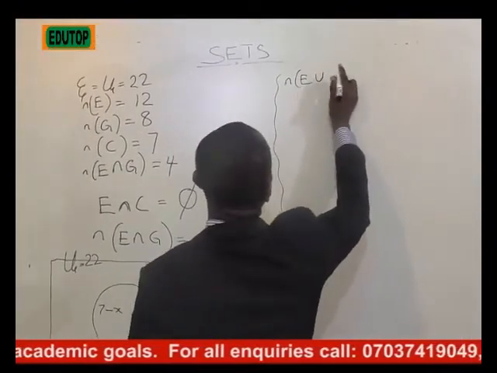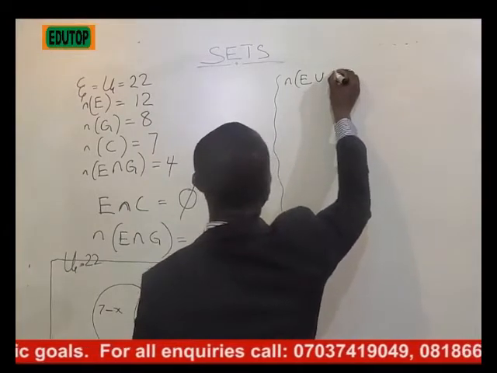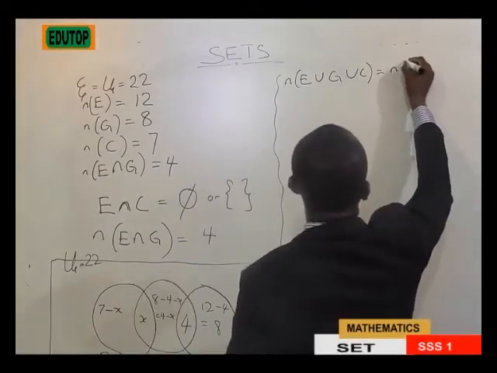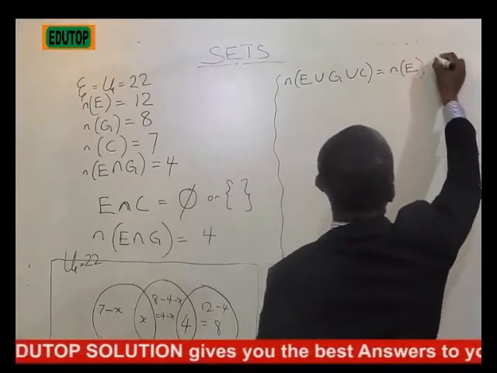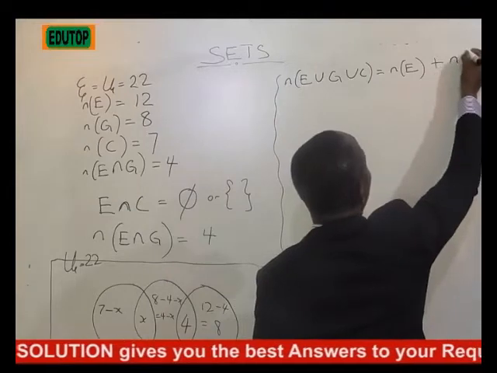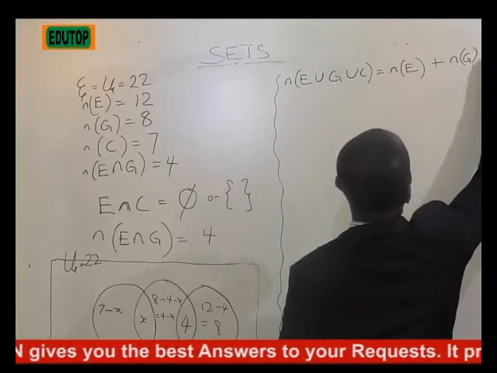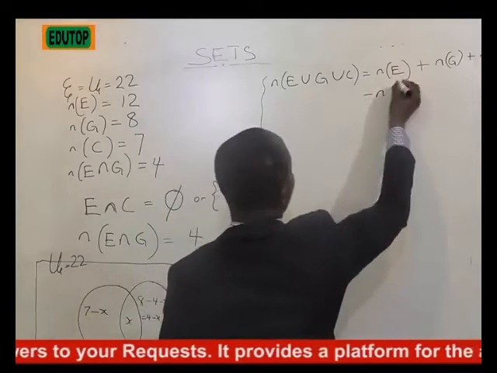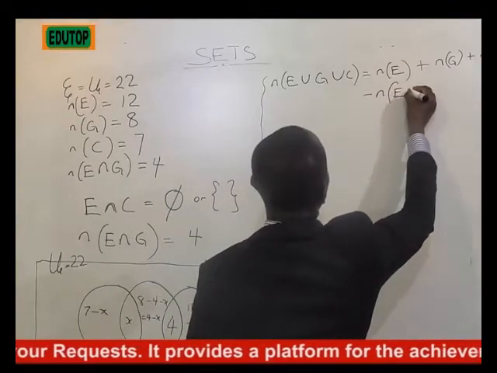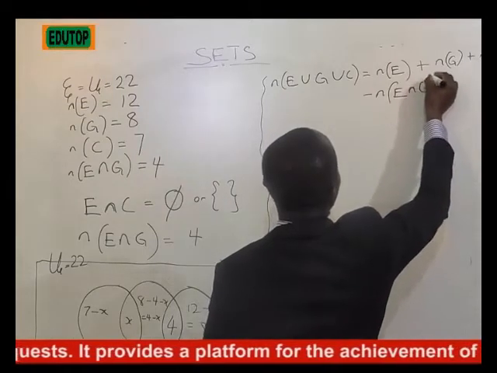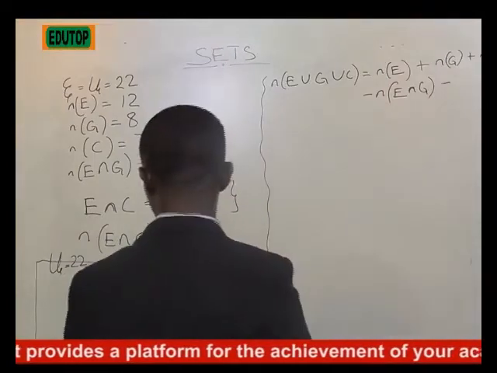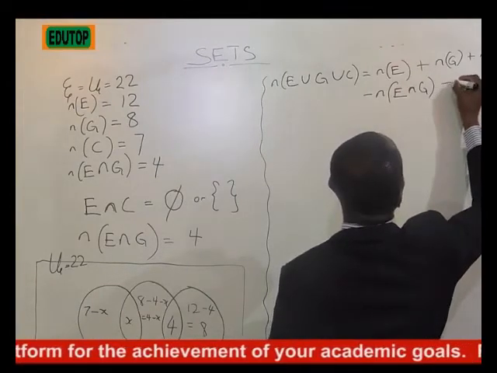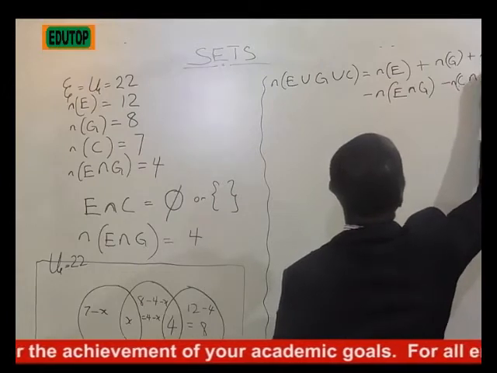The union of economics, government, and chemistry is equal to the number of students offering economics plus the number of students offering government plus the number of students offering chemistry minus the number of students offering economics and government minus the number of students offering chemistry and government.